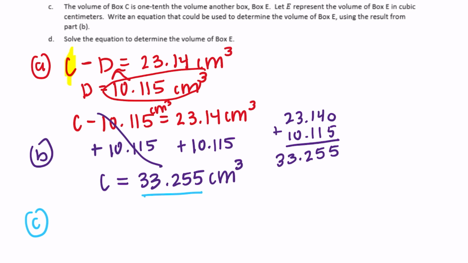Write an equation that could be used to determine the volume of box E using the result from part B. So we know that this is 1/10 of E. So 33 and 255 thousandths is equal to 1/10 of E's volume.